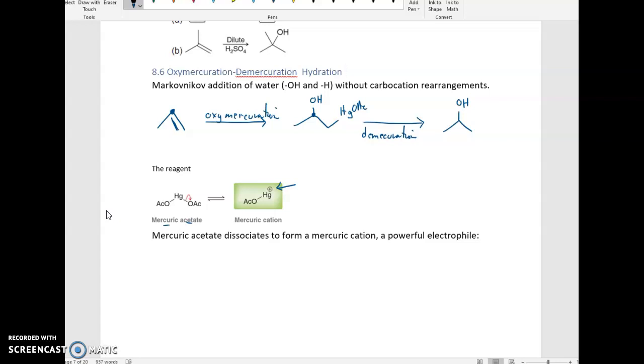So let's see what happens. First, let's do an example of an acid-catalyzed hydration, and why we're doing all this to avoid it. So if we've got this compound here, and we do an acid catalyzed hydration, we've got an acid here, and these pi electrons attack that proton.